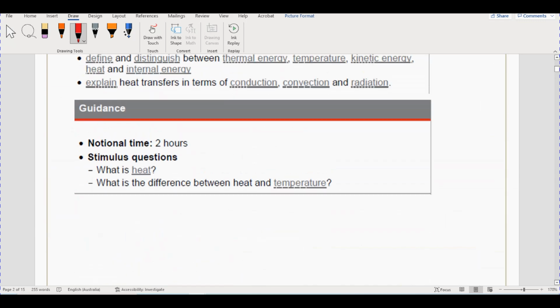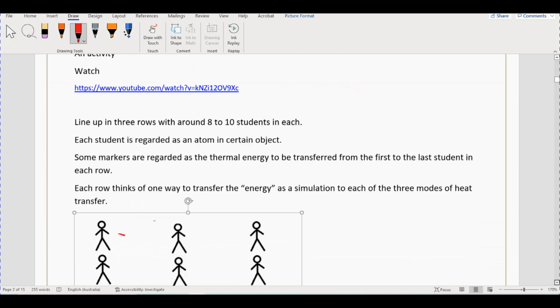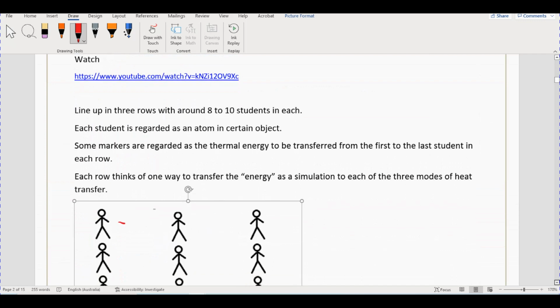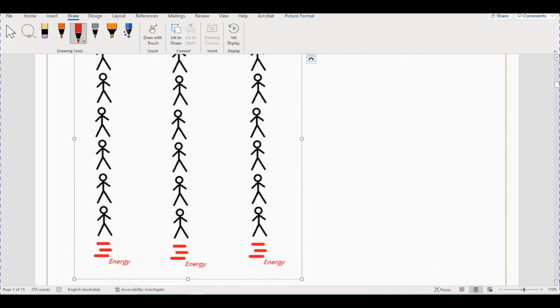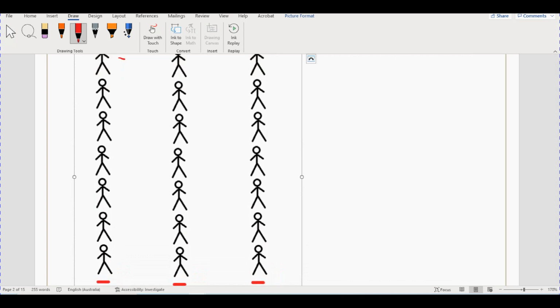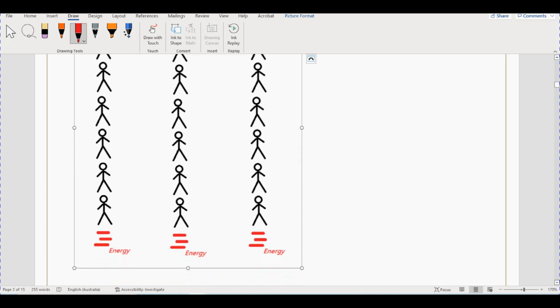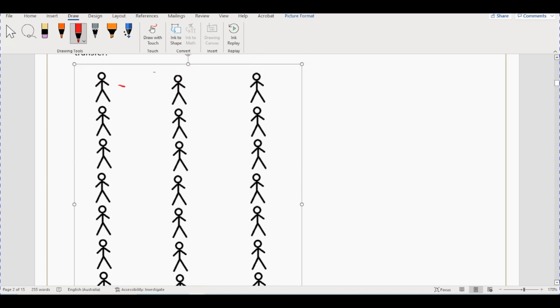Okay, first of all, let me give you a very brief introduction of the three ways of heat transfer. Just imagine this student is like atoms in the matter, and there are three lines of students, and they are going to transfer the energy, which looks like some books, from one end of the queue to the other end.